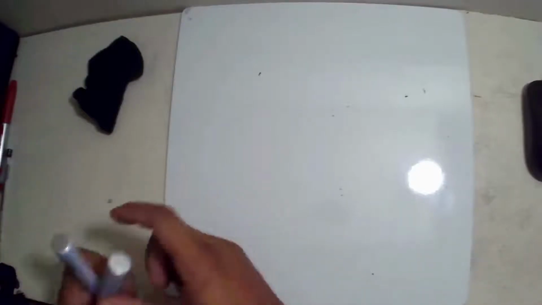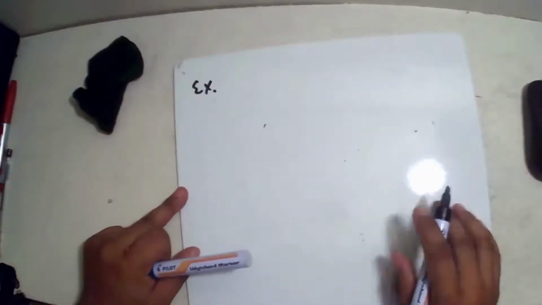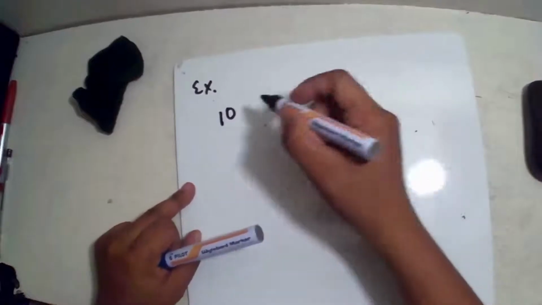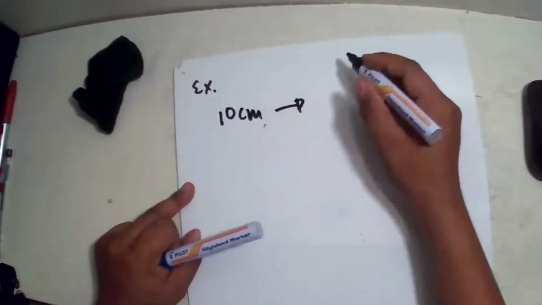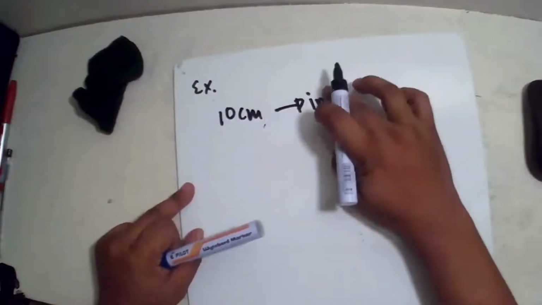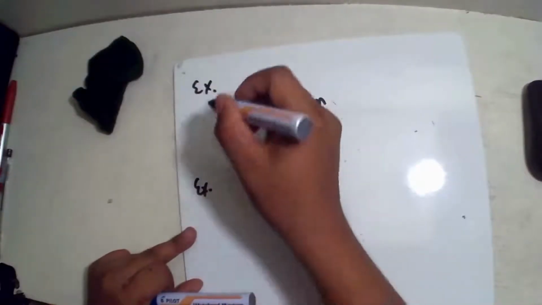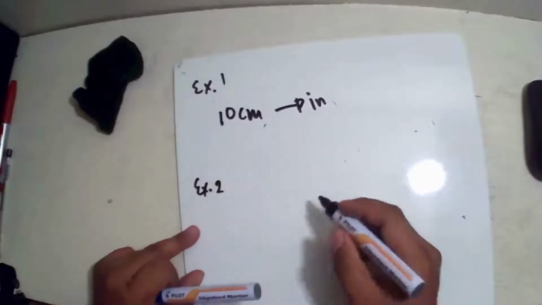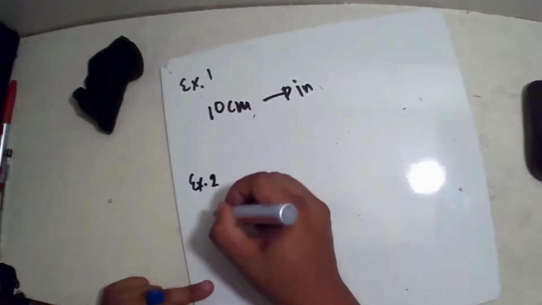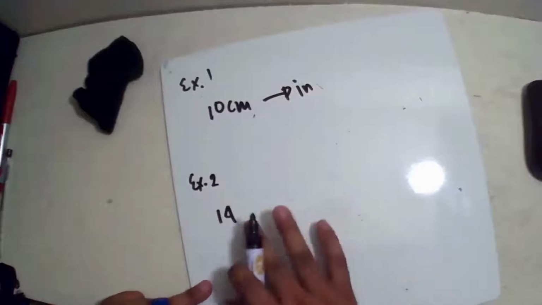For example 1, 10 centimeters will be converted into inches. Example number 2: for example, I have here 100 centimeters, and it will be converted into meters.